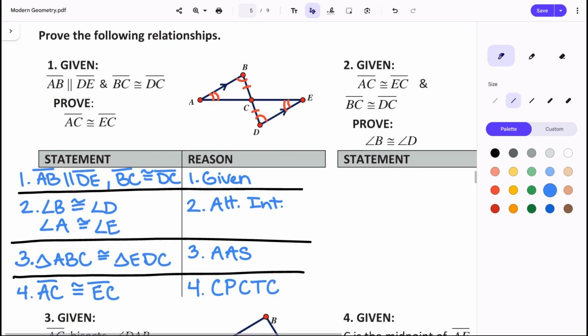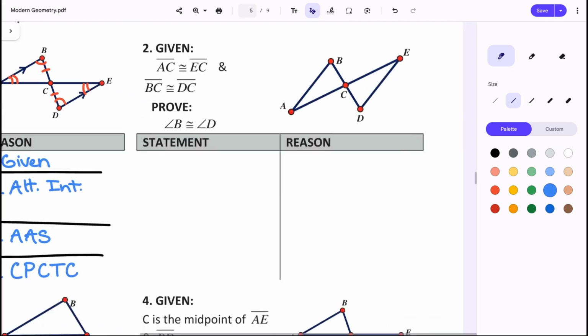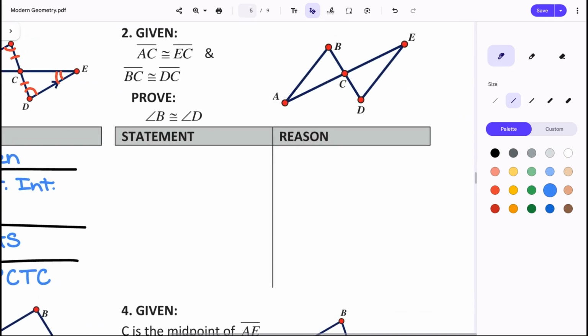Okay, let's do one more here. We all good on number 1? Let's go over here to number 2. Okay, and again, everybody write down the given.